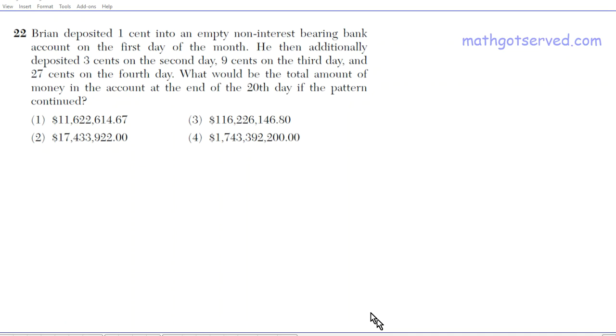So the question is, what type of sequence do we have here? Real quick review on the types of sequences in Algebra 2. When you have repeated addition, when you're adding the same number all the time, or subtracting the same number all the time, what you have is an arithmetic sequence.